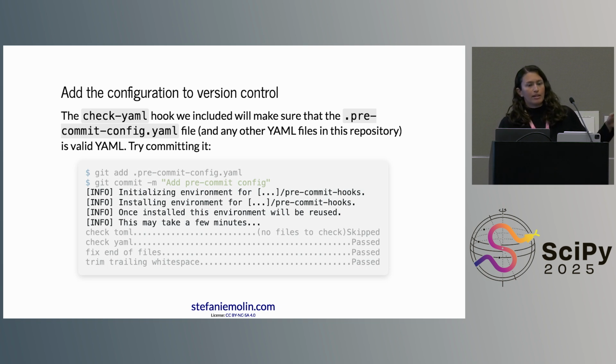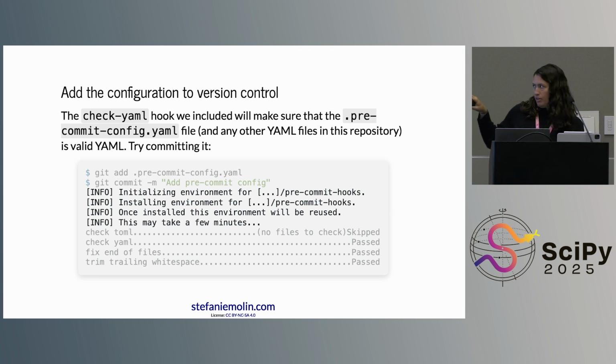But then every subsequent commit that uses that same configuration does not need to go through this step. So you'll see that the next time we commit, those lines won't be printed because it will already be there. That repository will already have its own virtual environment prepared. Now, when you change the version, or you upgrade the version, then this step has to happen again. So you will always have a slower round the first time you edit anything in that file.